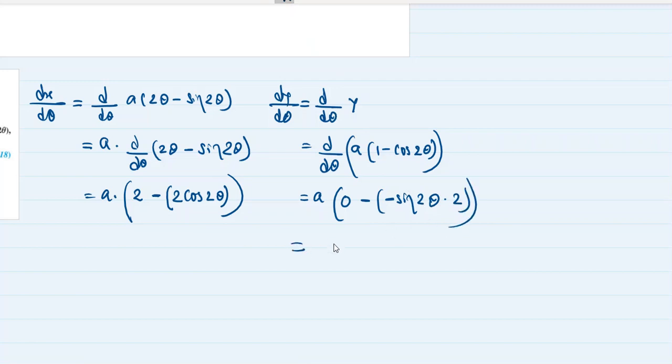So this minus minus will become plus. So we get 2 sine 2 theta, a bracket 2 sine 2 theta.